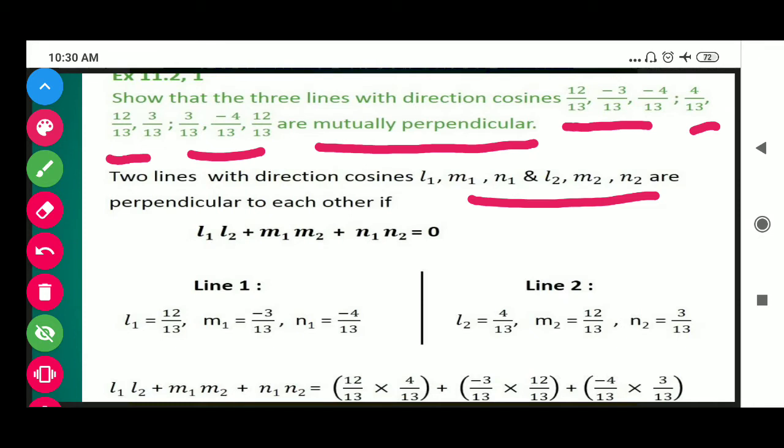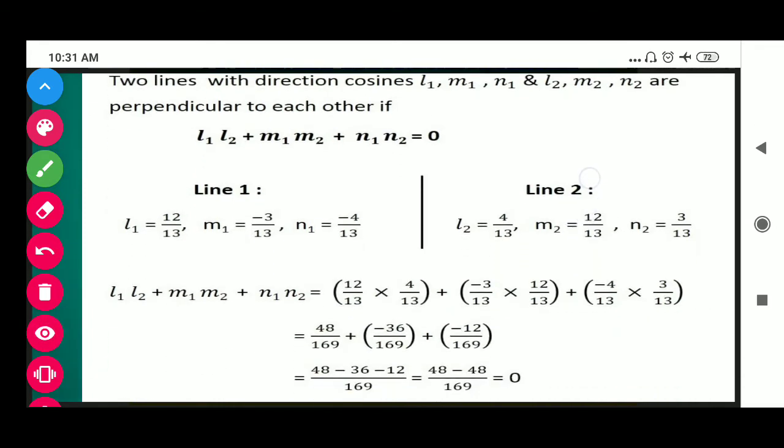So let's start. Direction cosines of L1 are l1 12 over 13, m1 minus 3 over 13, n1 minus 4 over 13. In the same way, line L2 has direction cosines l2, m2, n2. So put these values in the condition l1 l2 plus m1 m2 plus n1 n2. By using these values, we get 12 over 13 into 4 over 13 plus minus 3 over 13 into 12 over 13 plus minus 4 over 13 into 3 over 13.